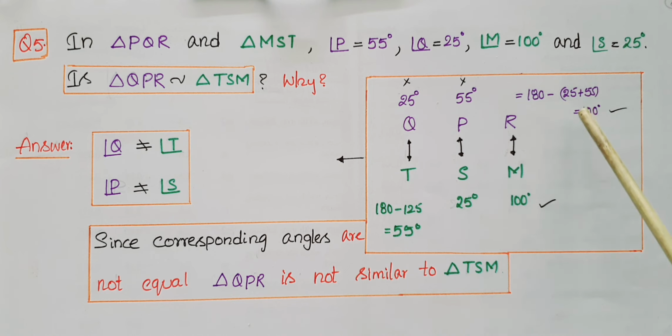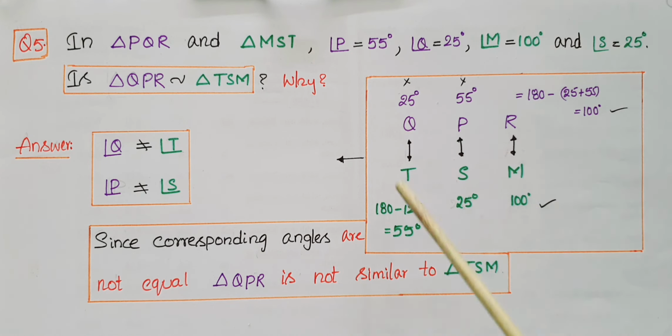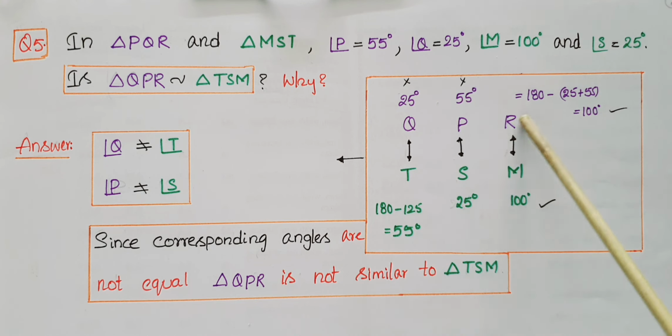So angle R is equal to 100 degrees. Angle S is given, that is 25, and angle M is also given, 100 degrees. So angle T is equal to 180 minus the sum of these two angles, that is 125, so angle T is 55 degrees.